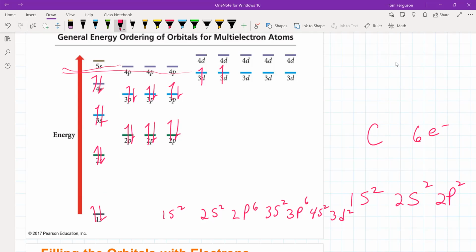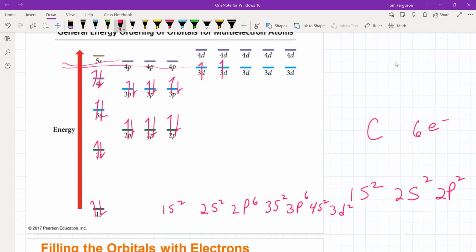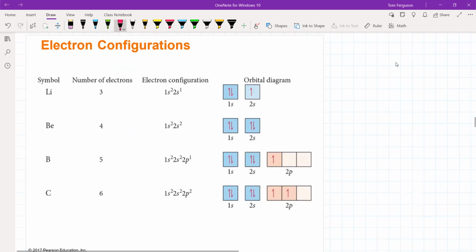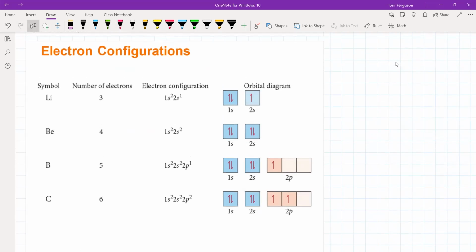All right, so let's continue on this journey here. As you can see here, in this situation, the question would have asked to include an orbital diagram. So you need to include these guys here. And you can either draw circles or squares, whatever you like.